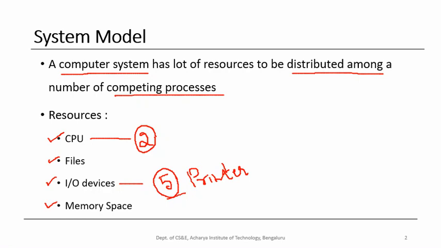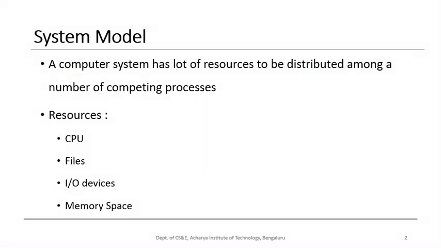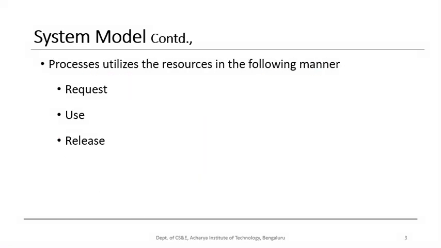Now, any process, if it has to get a resource, has to first request the resource. Let us go to the next slide and see. If any process has to utilize the resource, it has to first request it.